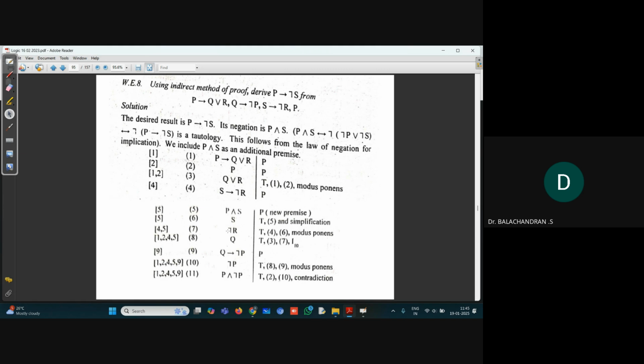Next, 3 and 7, or 7 and 3: ¬R, Q ∨ R, you'll get Q. Next, Q → ¬P. Now Q, Q → ¬P gives ¬P. So already I have P.